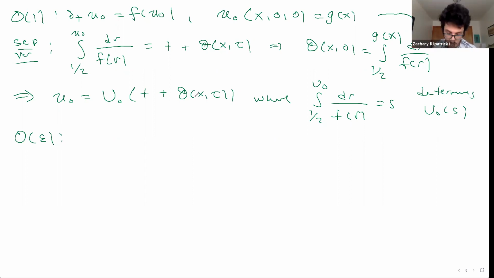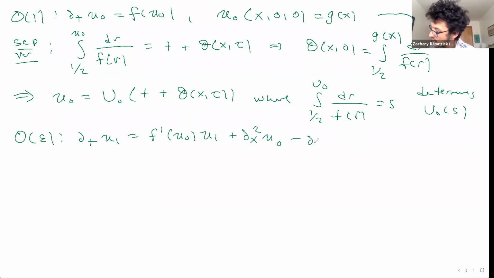We're going to get that at order epsilon. So dt u1 is equal to f prime of u0 u1 plus dx squared u0 minus d tau u0.